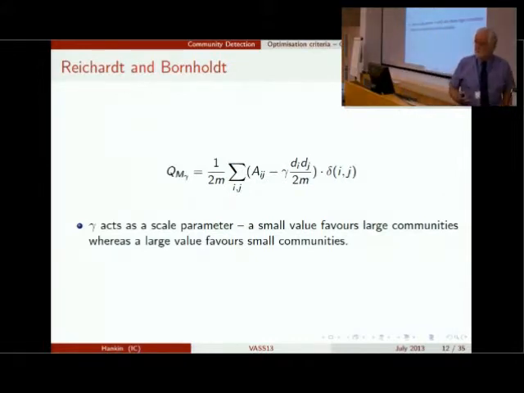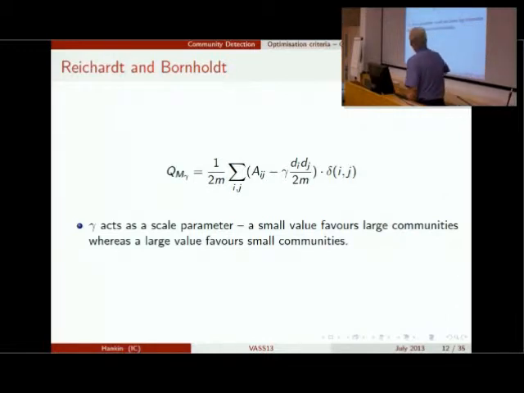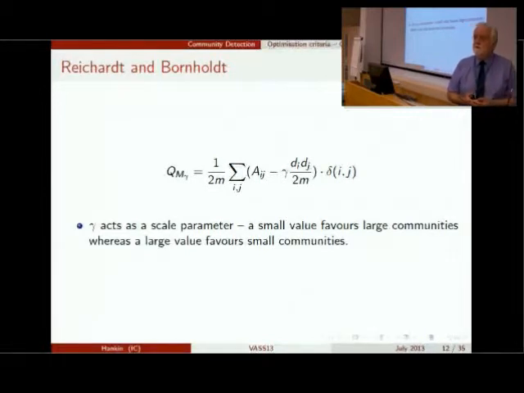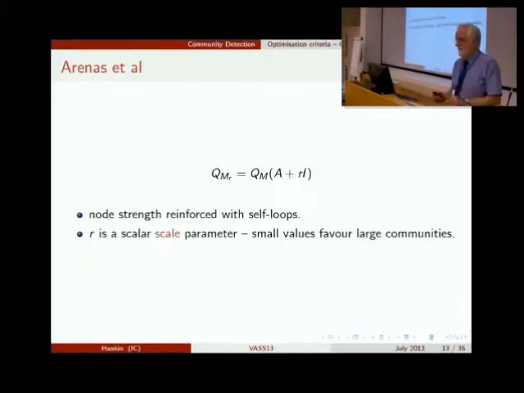This gamma effectively acts as a scale parameter, so you can tune it. If you have a small value for gamma, then you're going to get larger communities. If you have a large value, you're going to get smaller communities. I won't dwell on that because I hopefully have given you some idea of what's going on in the previous slide with the measure. So this is just a refinement which introduces some scaling measure.